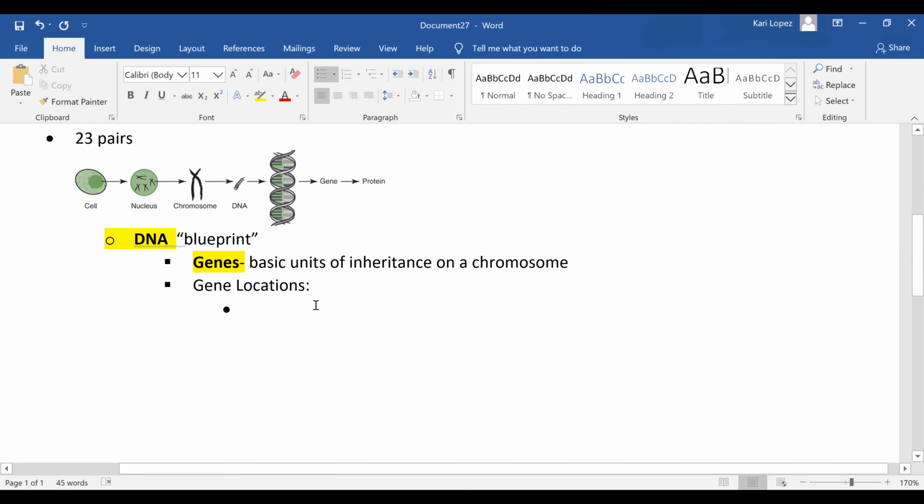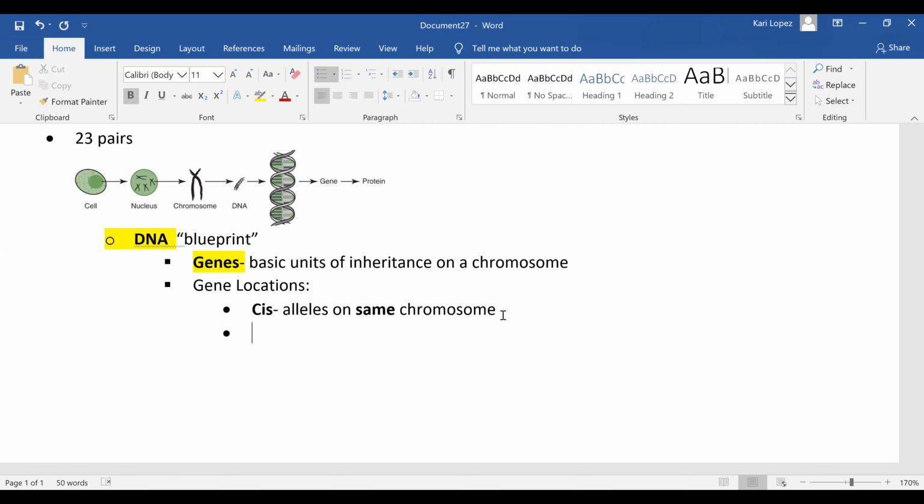Okay, so then you've got 2 choices for gene location. One is going to be cis, C-I-S, and those are alleles on the same chromosome. Because how many chromosomes do you have? 23. Yep, that's how many pairs. But how many does one pair have? 2. So cis is alleles on the same chromosome, so not one on each, but 2 on the same one. And then your other one is going to be trans.